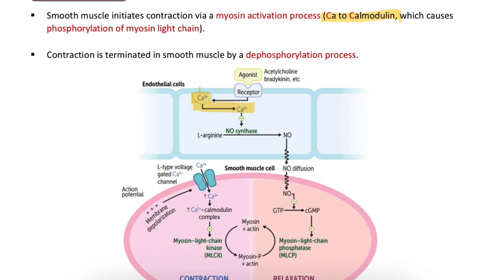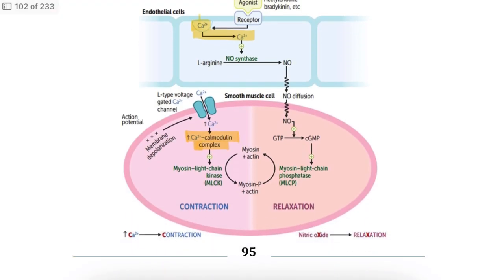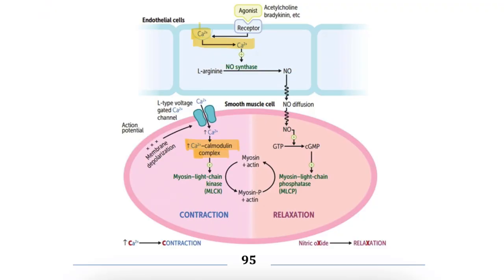Here what happens: calcium binds to calmodulin and forms the calcium calmodulin complex. You can see here, this is the calcium calmodulin complex. Then we can see myosin light chain kinase, or MLCK, activation. The calcium calmodulin activates myosin light chain kinase, and this kinase phosphorylates the myosin light chain, which activates myosin.